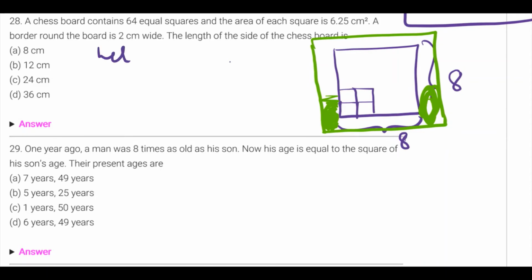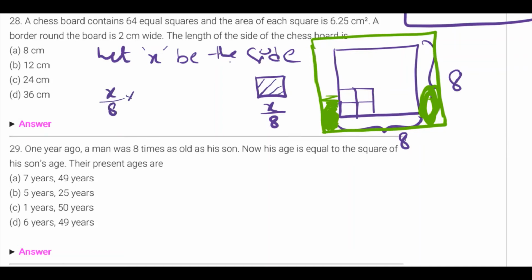Let x be the side. Since we have 8 squares, one square will be x by 8 centimeters. The area of one square equals x by 8 into x by 8, which is given as 6.25.